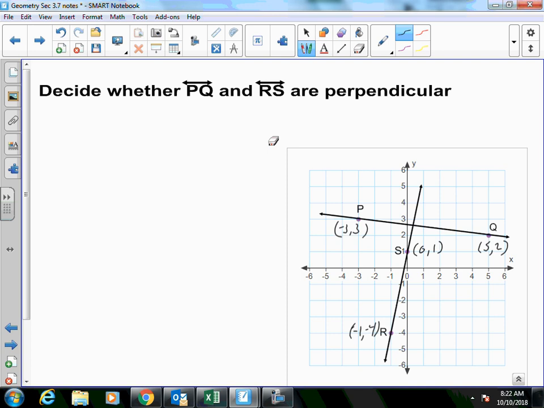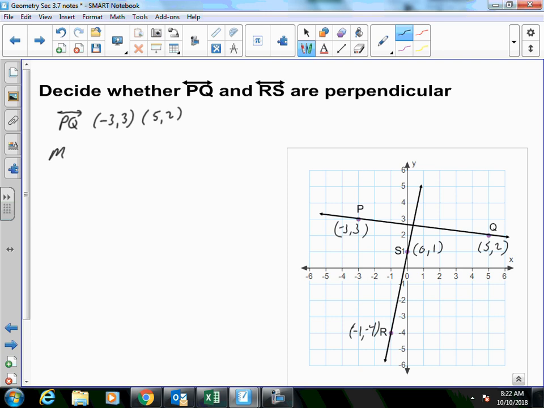All right, so we've got line PQ, which is the points -3, 3, and 5, 2.